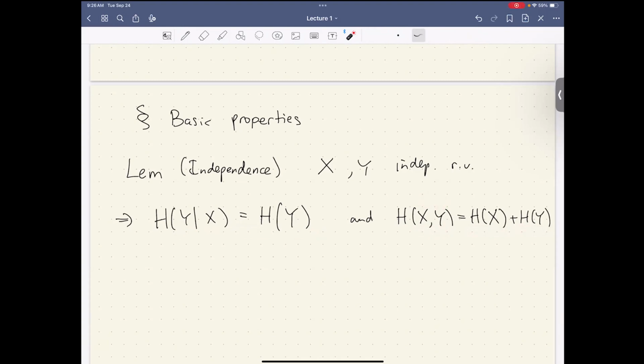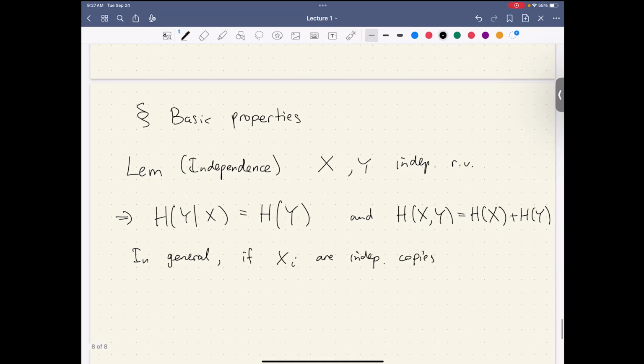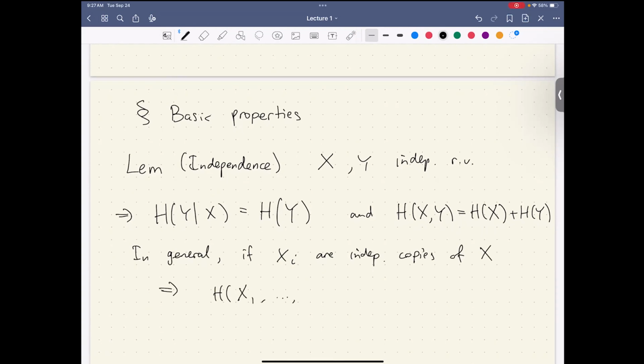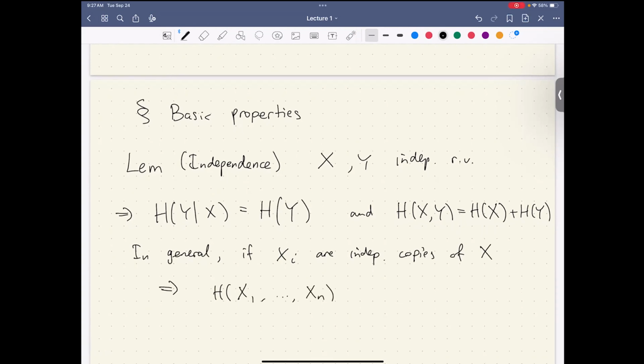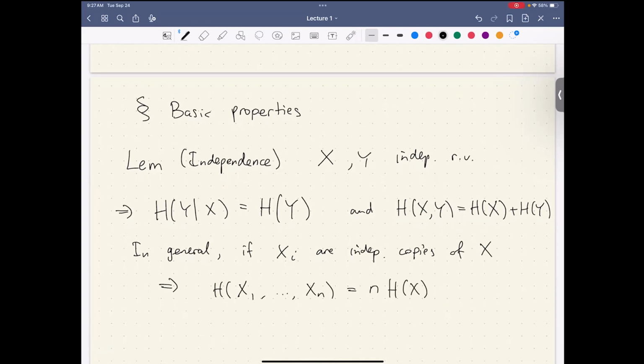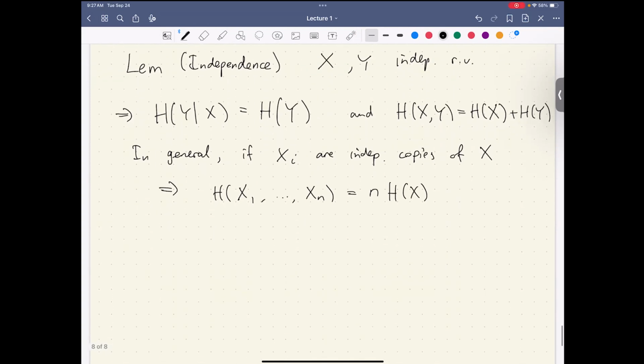As a consequence of this, in general, if X_i are independent copies of X, then the joint information of n IID copies of X equals n times the entropy of X. All these statements look very intuitive.